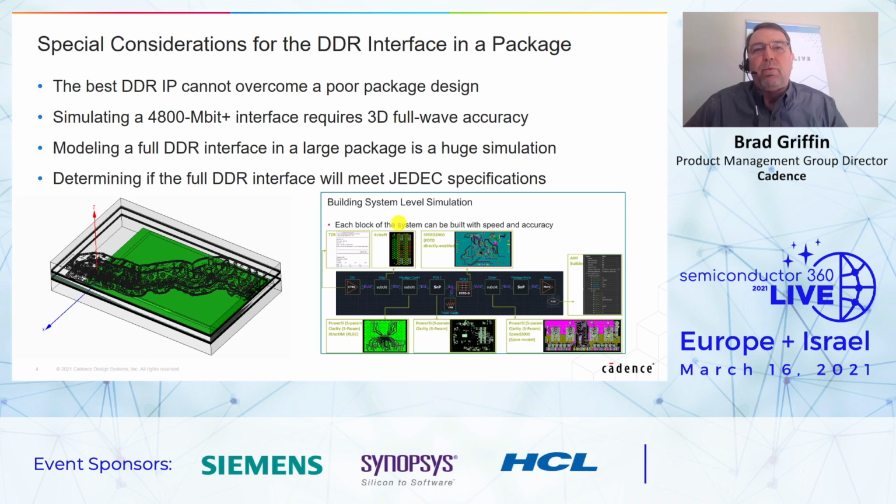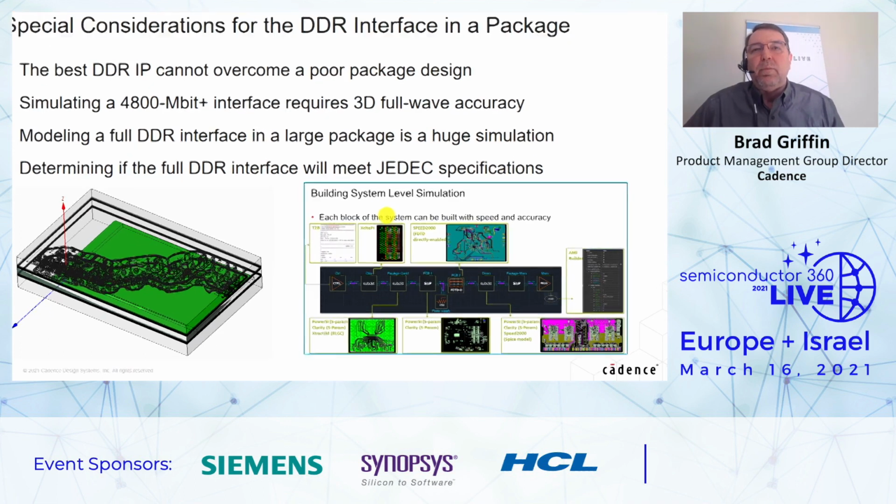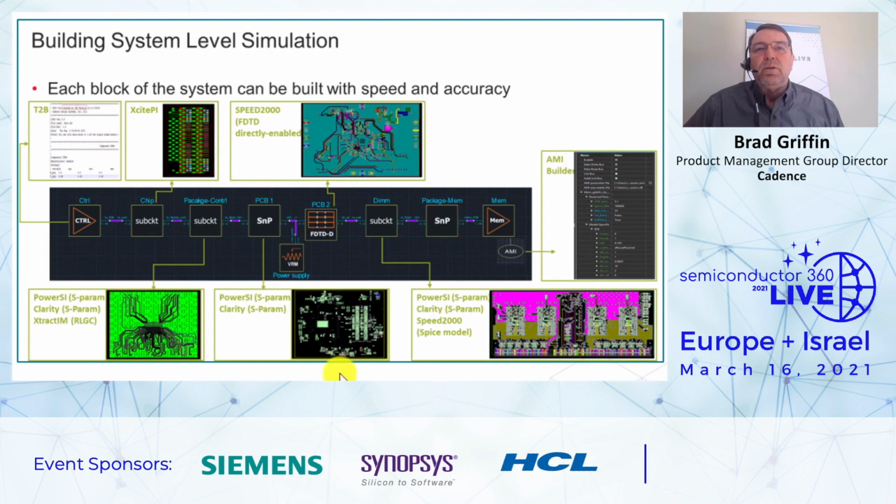You cannot be the problem as the package designer when it comes to the full DDR interface, which includes, as you can see in this diagram, starting at the transmitter, at the memory controller, which is potentially going to have a decision feedback equalization module associated with it, so you can look at capturing the equalization that takes place. You're going all the way through to the redistribution layer.